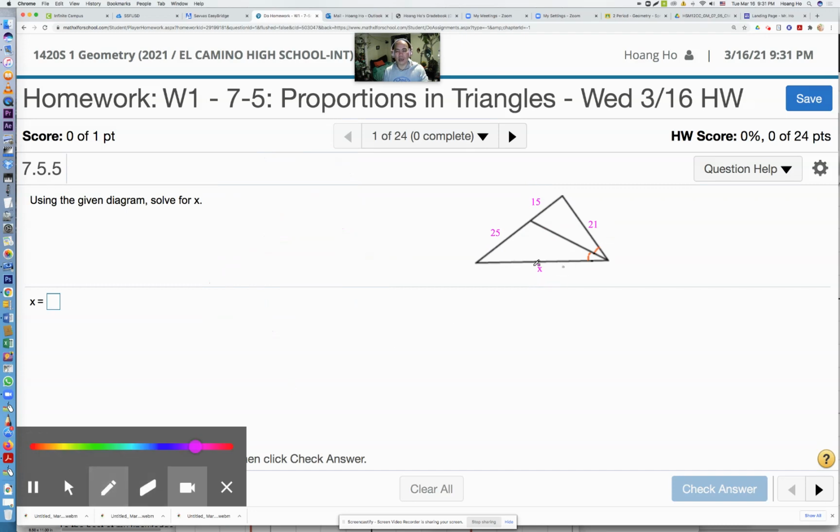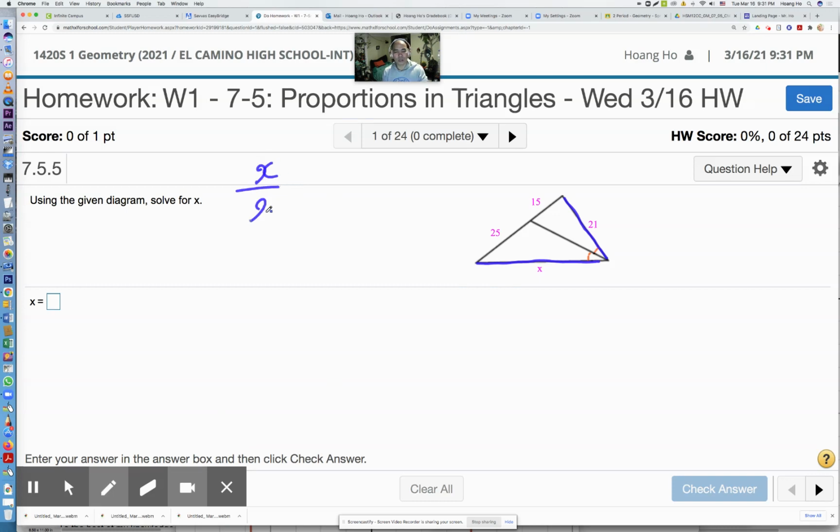Let's do it again. Let's follow the theorem. So I would do x over 21 equals 25 over 15.